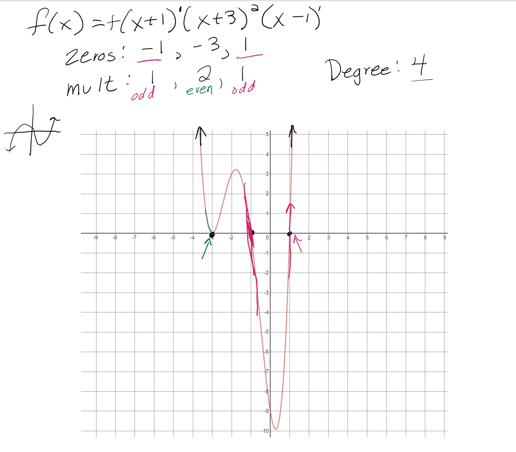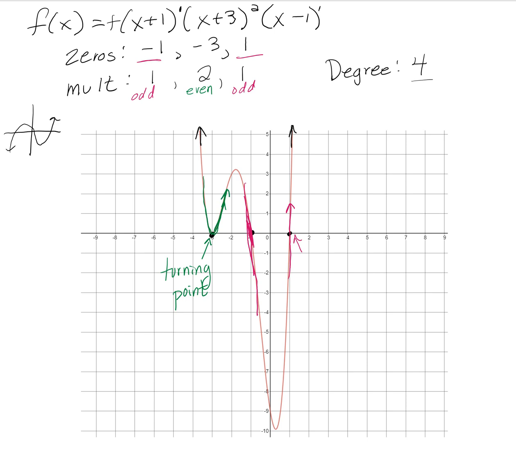It will come down, touch the x-axis, and bounce back the other direction. So when it has an even multiplicity, this point is actually going to be a turning point on the x-axis. One more time, if it's even, it does what's called a bounce. It goes down, but then it changes direction to go back up.